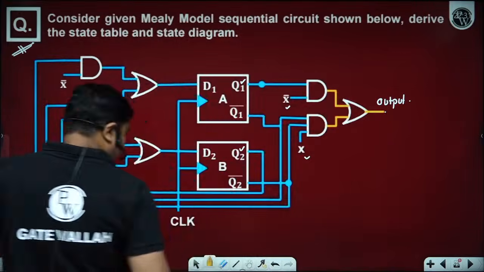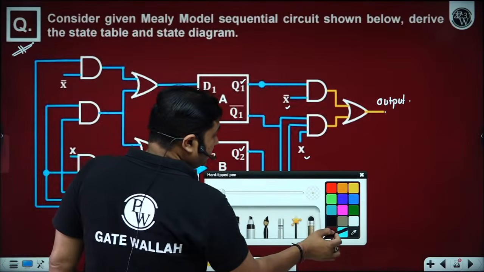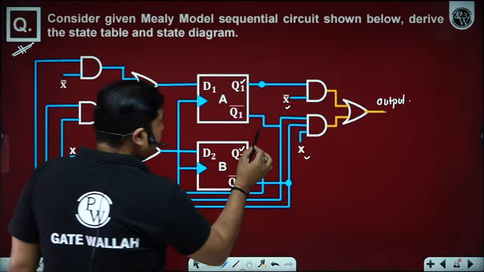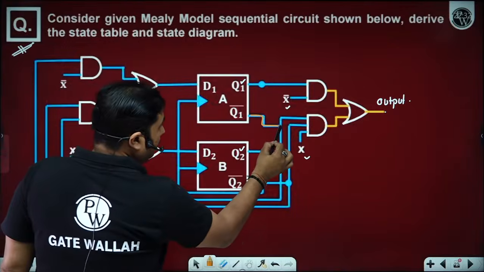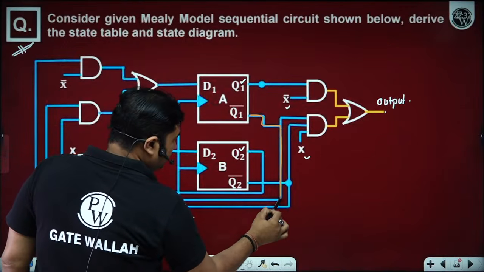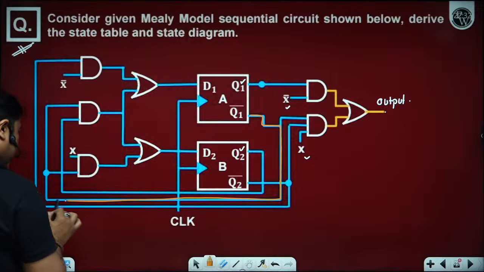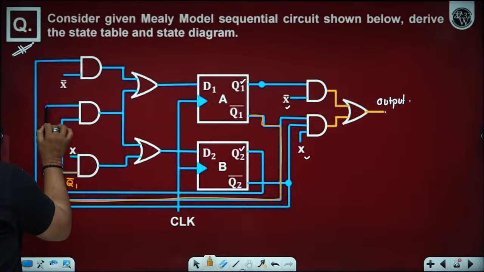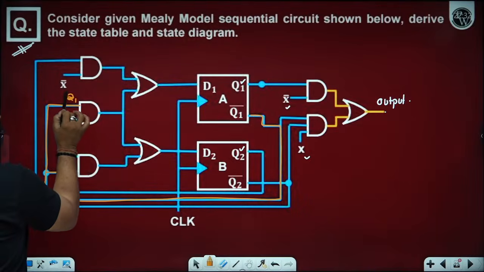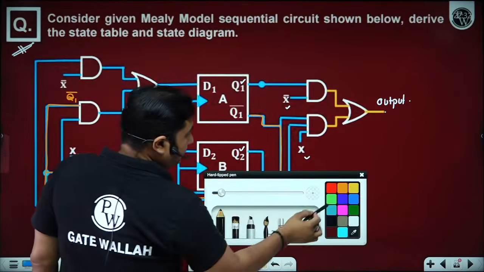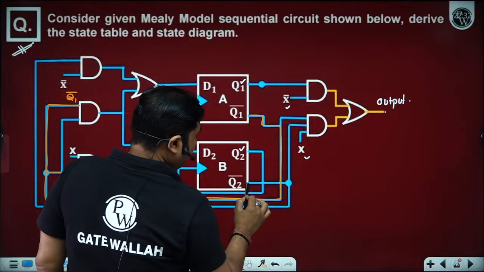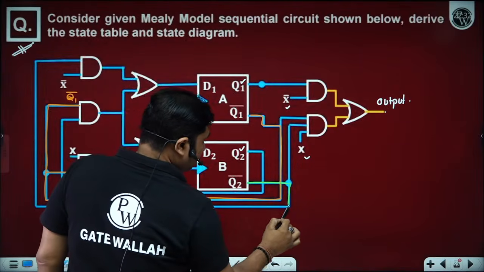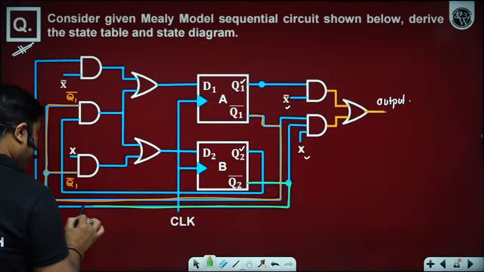Sir, we can observe the input to D1. Please observe, Beta ji, input to D1. We have Q1 complement here, and Q1 complement is coming to this, as well as Q1 complement is coming to this. And we can see we have Q2 complement. Q2 complement is coming to this.